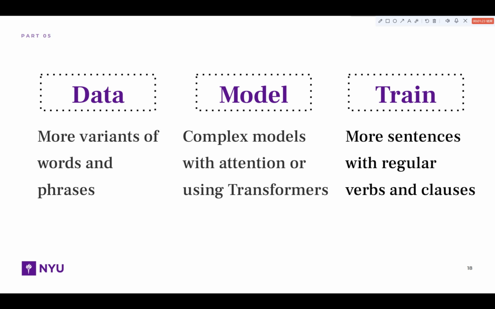For the training process, if we had a more complex model, it would be able to train on more sentences with regular verbs and other complex clause structures, so that we can obtain a model that can translate nearly any sentence between German and English.